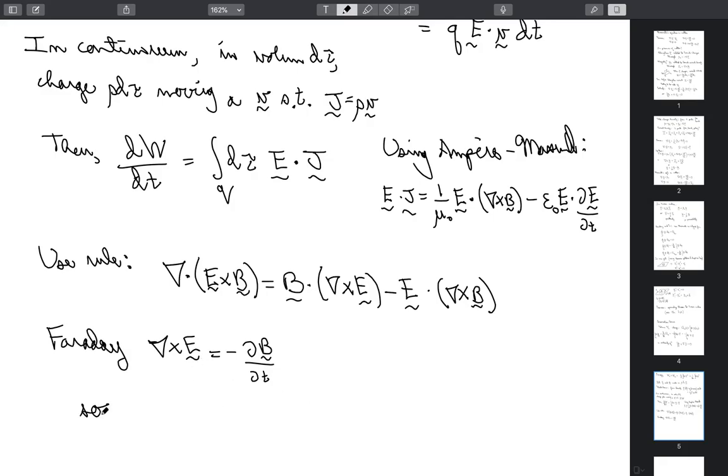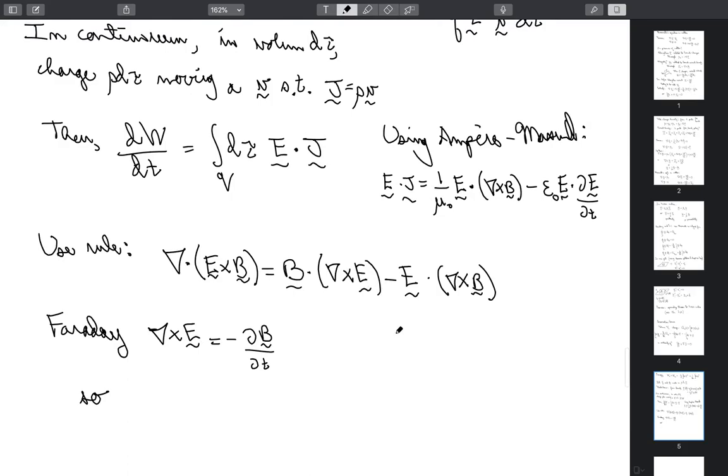So what I get when I look at my whole thing is that I can bring this on the side and then bring this on the other side.